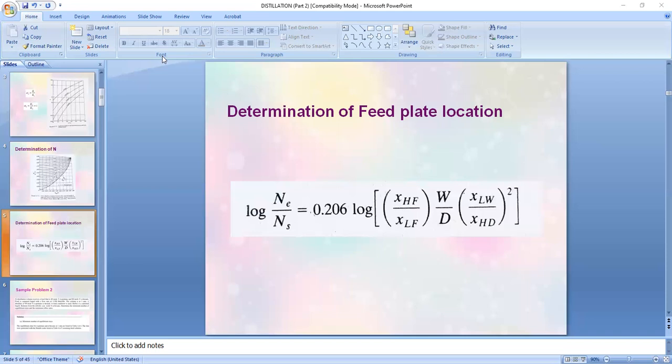If you're given a benzene toluene system, Fritz, benzene is 40% and toluene is 60%, mole percent, that is.